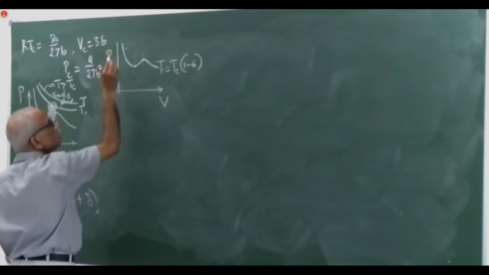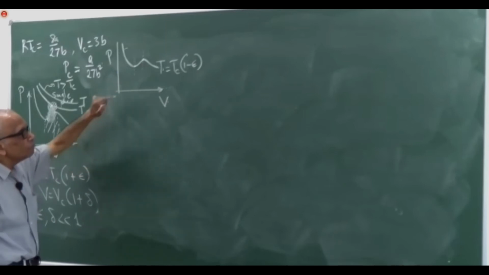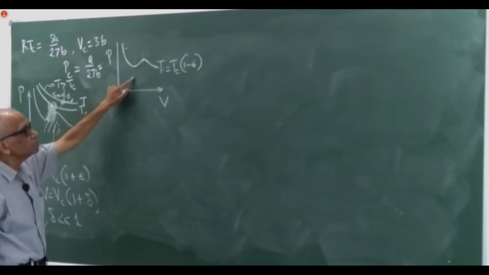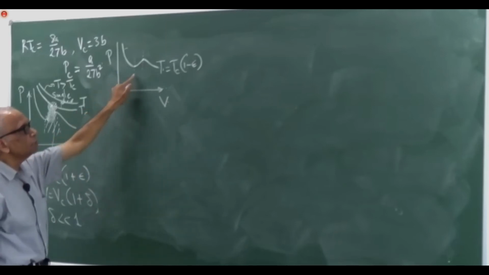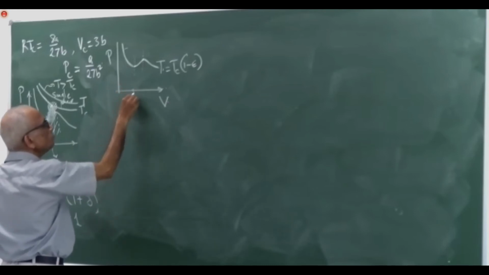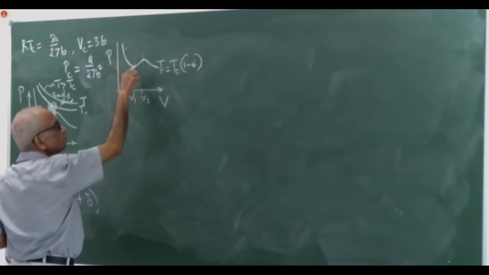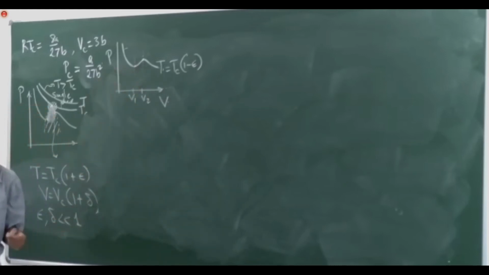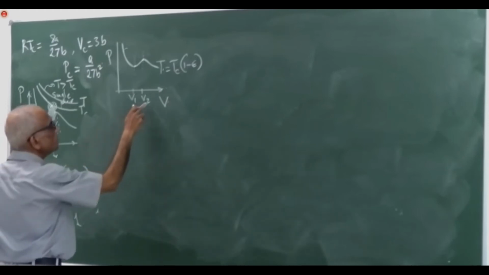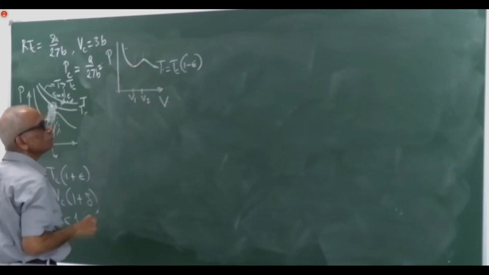So all right, if I want to look at this isotherm and I want to calculate the density at this limiting point and density at this limiting point. So this corresponds to some V1, let's say. This turning point is at V1, this turning point is at V2, which would be found from the extrema of this curve over here.